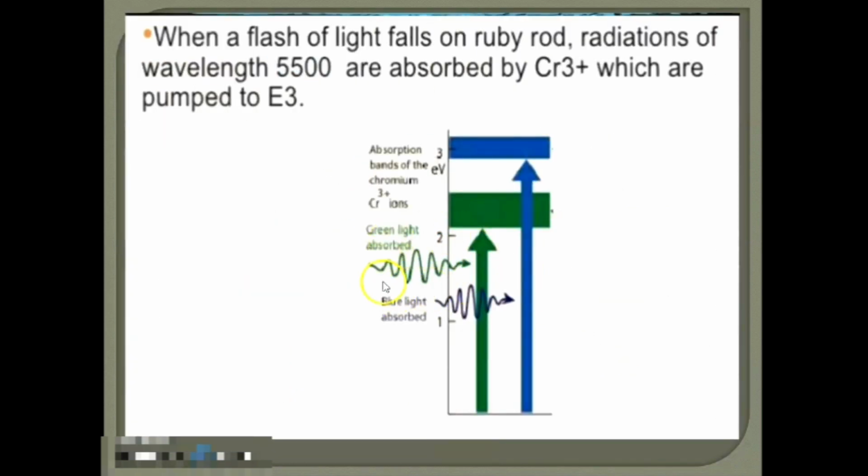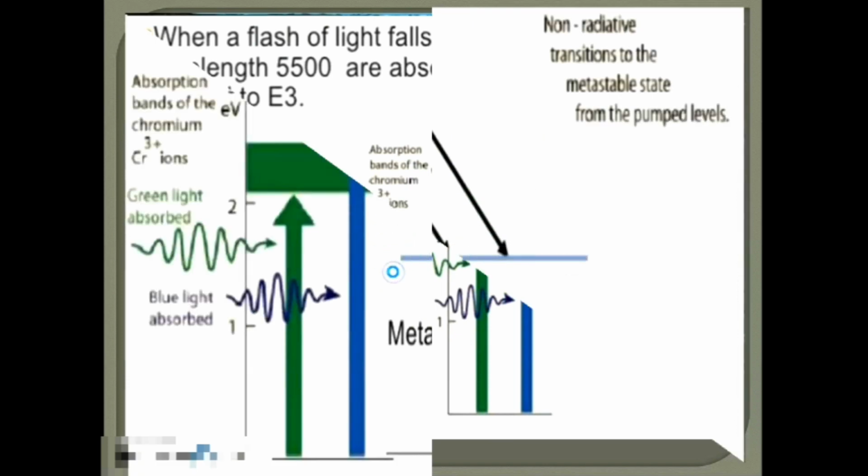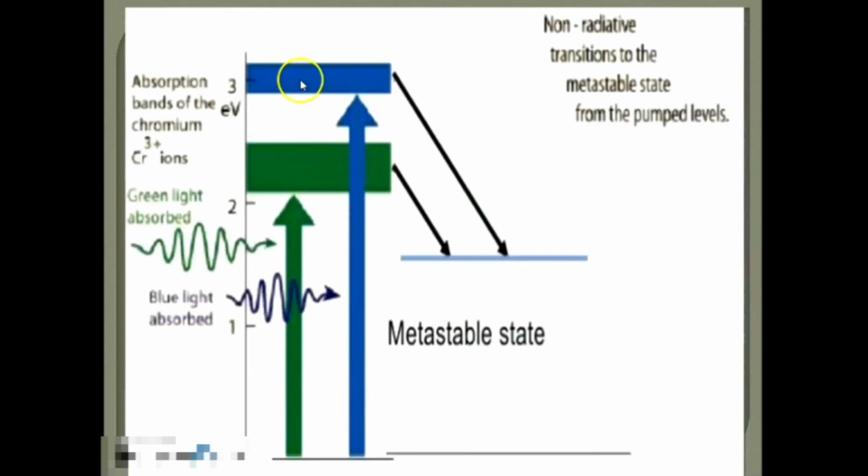The first process in Ruby laser is that after absorbing these photons, chromium ions are excited from the low energy level to the high energy level, and from the exciting level they come back to this level, and the lifetime of this level is 10 to the power 5 times more than the exciting level.